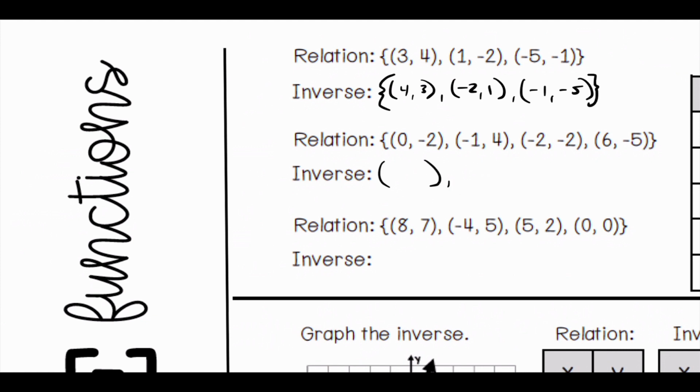Same thing with the rest. They give you a bunch of points. To get the inverse, just switch the points.